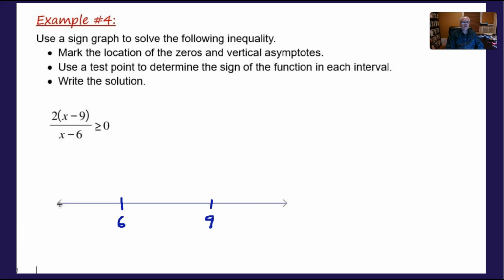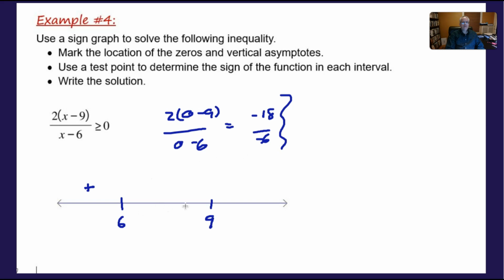So again, we're going to put in test points. A good point to put in that's less than 6 is 0. So if I put in 0, 2 times 0 minus 9 over 0 minus 6, well, that's negative 9 over negative 6, which is positive. All right.